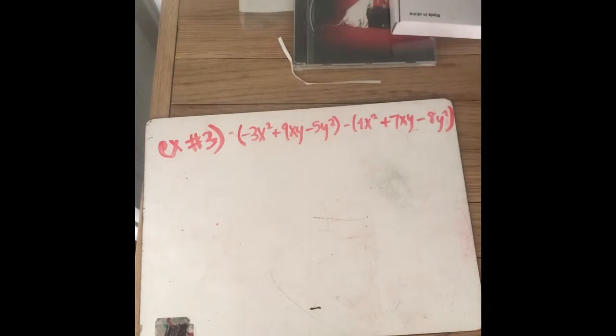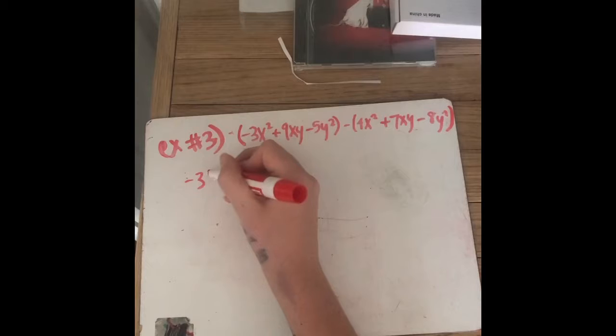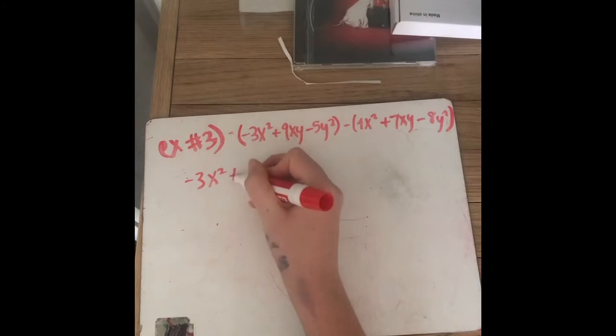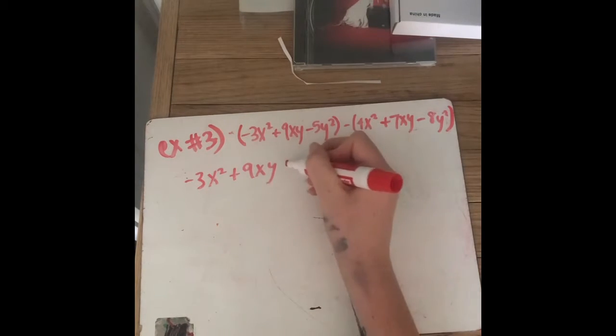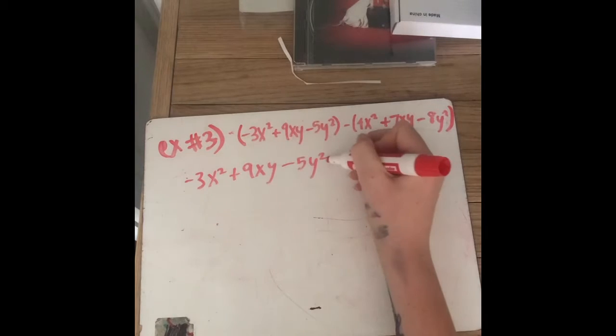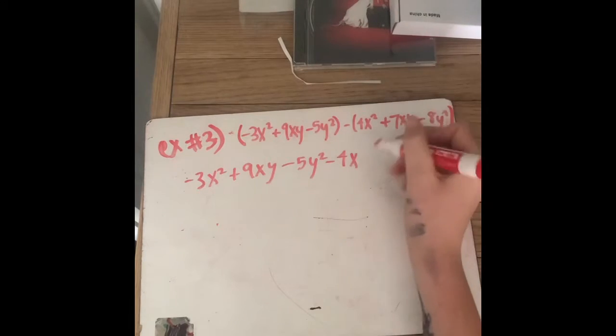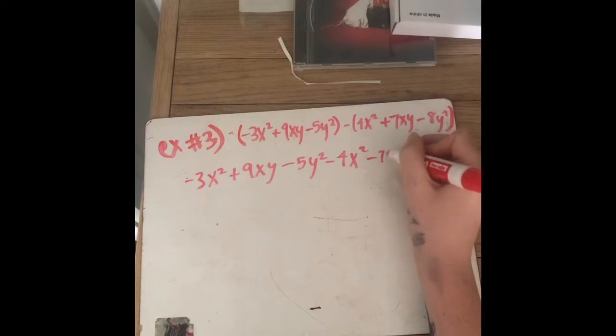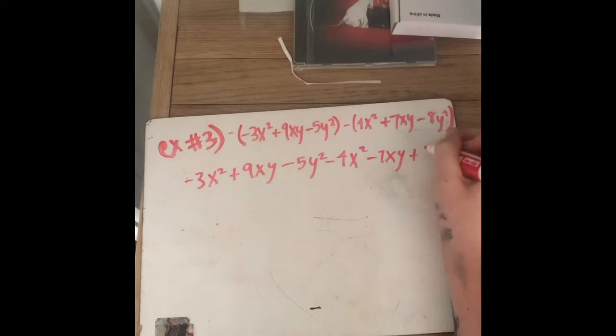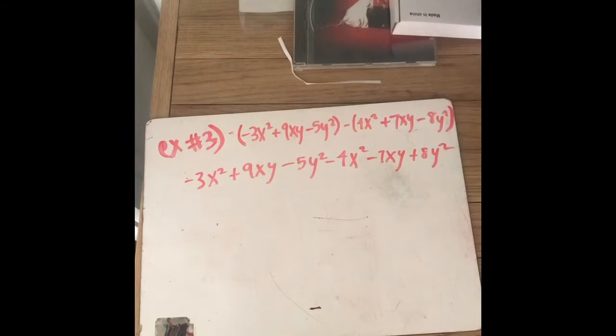So we're going to remove all the parentheses, so you get negative 3x squared plus 9xy minus 5y squared minus 4x squared minus 7xy plus 8y squared.